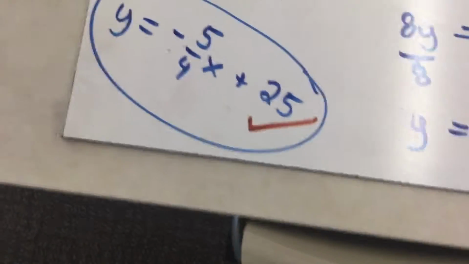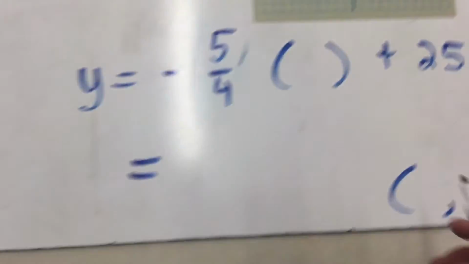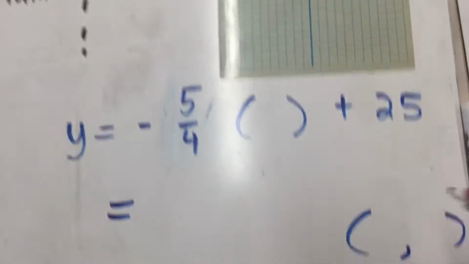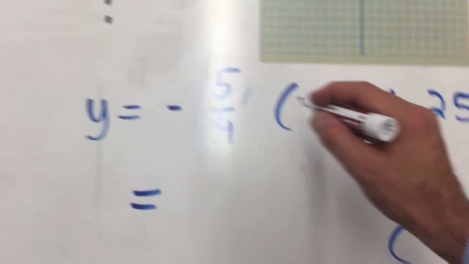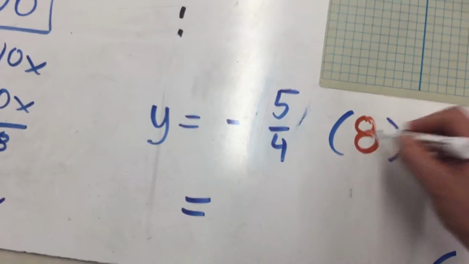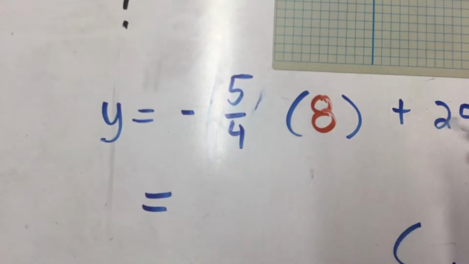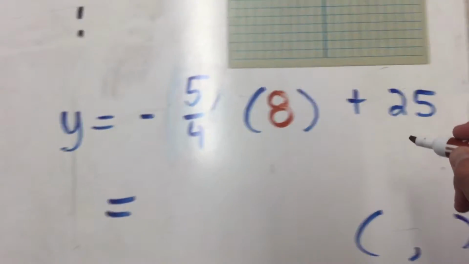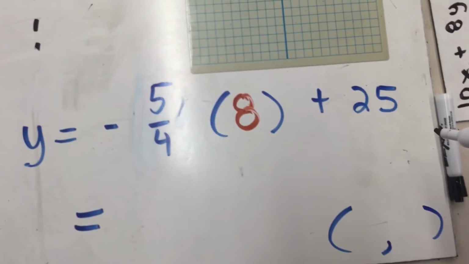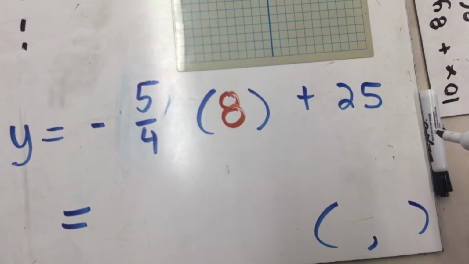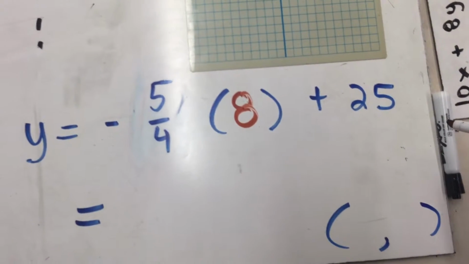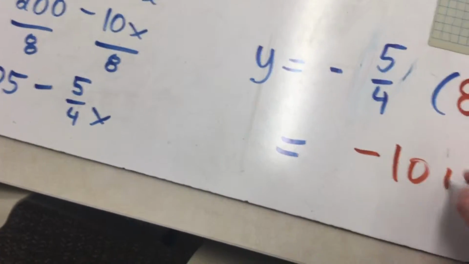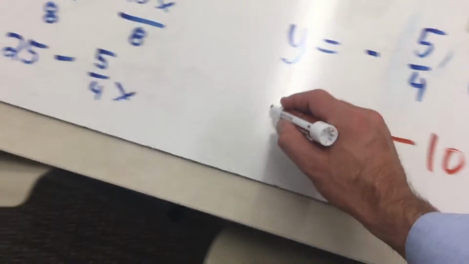So the way to find another combo is, I could go back to 2.1 and think about what I could plug in here to get y. That's all I need: an ordered pair for a combination. 8 times 5 is 40. 40 divided by 4 is 10, but there's a negative, so negative 10 plus 25 would be 15.